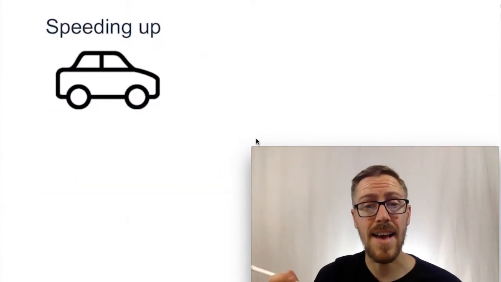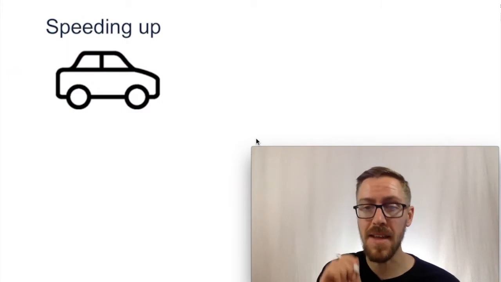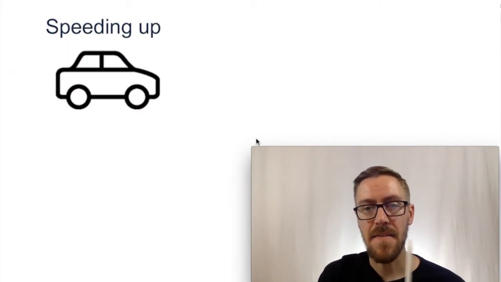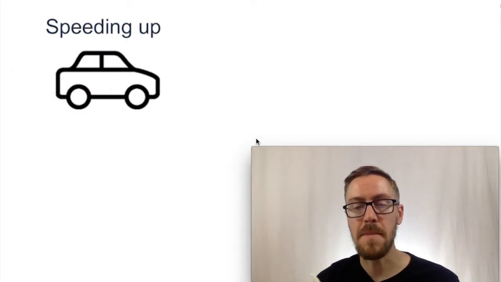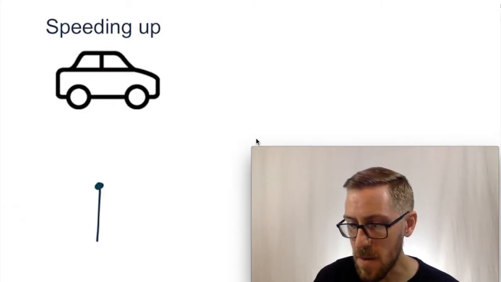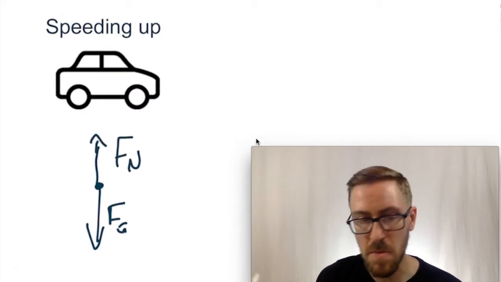So the question to ask is, how does this change if our car, instead of being at a constant velocity, is gaining speed? And the answer is that the arrow this way is longer now than the other arrow because it's gaining speed that way. So if we're going back to our force diagram, we have the same forces, force gravity, normal force.